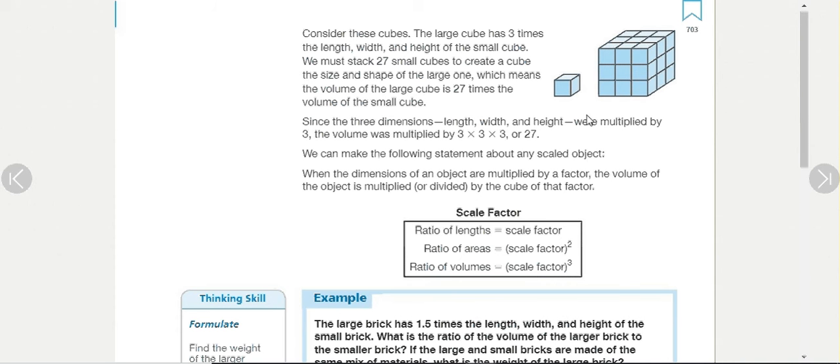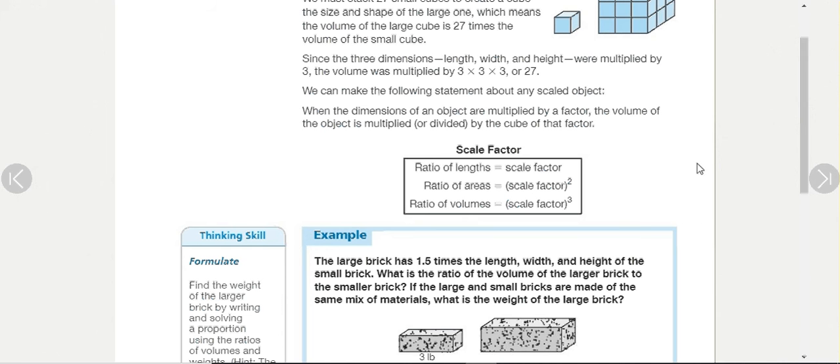Since the three dimensions, length, width, and height, were multiplied by 3, you multiply 3 cubed, you get 27: 3 times 3 times 3. We can make the following statement about any scaled object. When the dimensions of an object are multiplied by a factor, the volume of the object is multiplied, or divided if you're getting smaller, by the cube of the factor, which we call the scale factor.